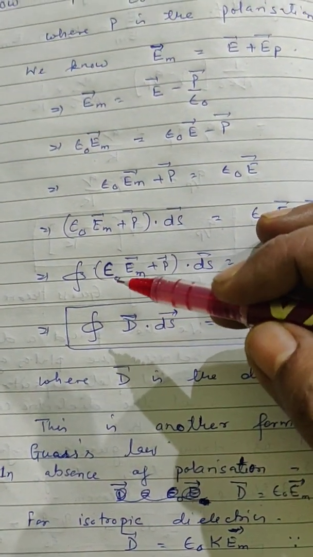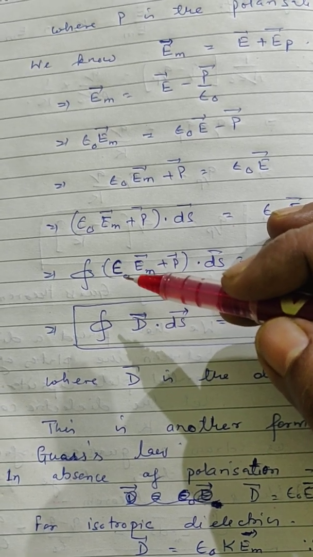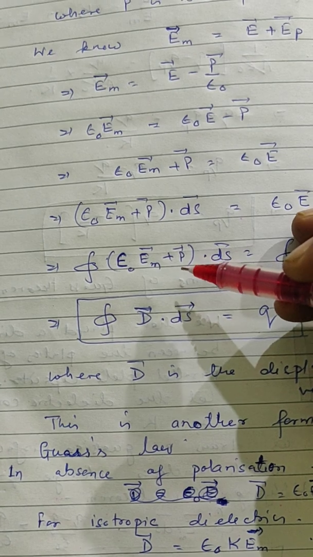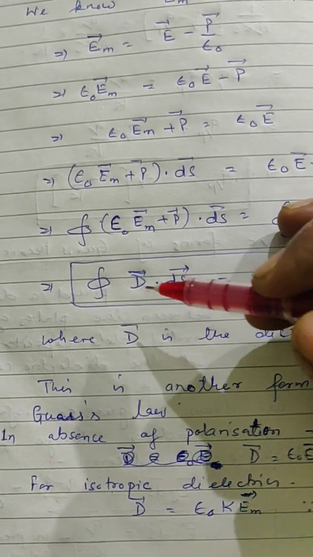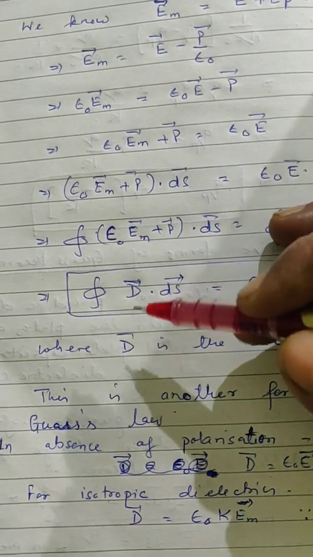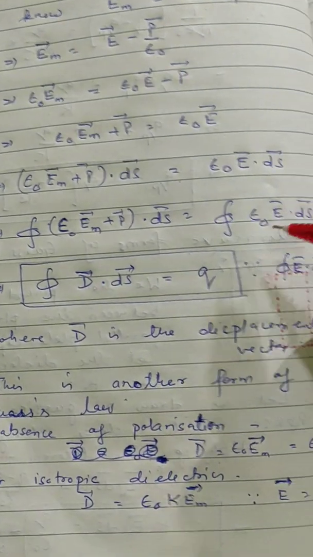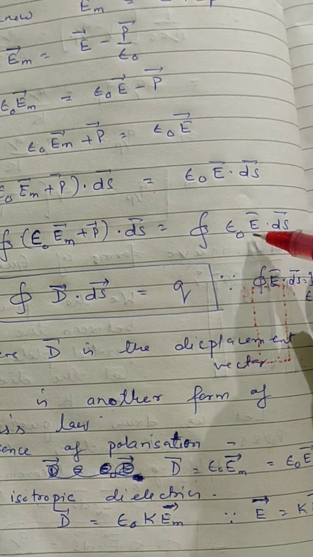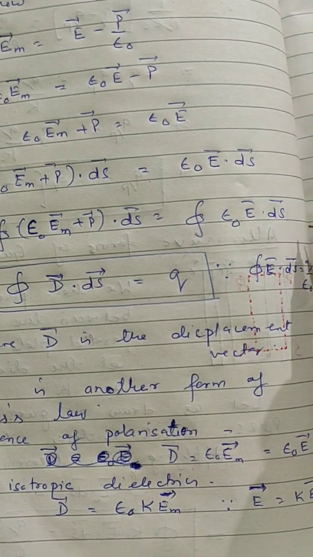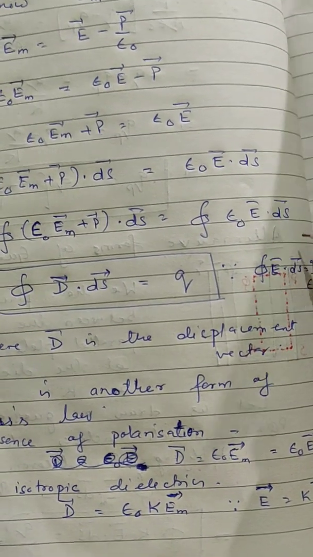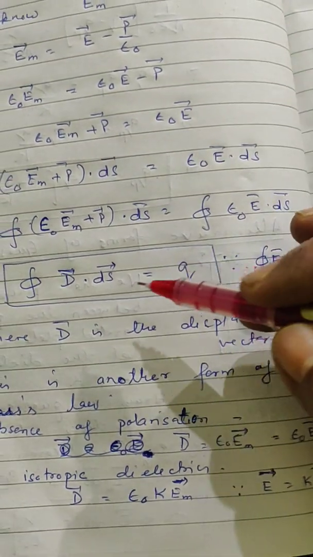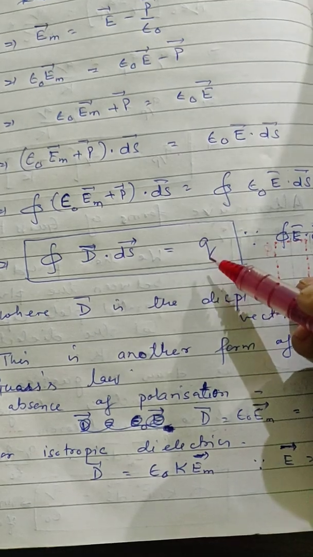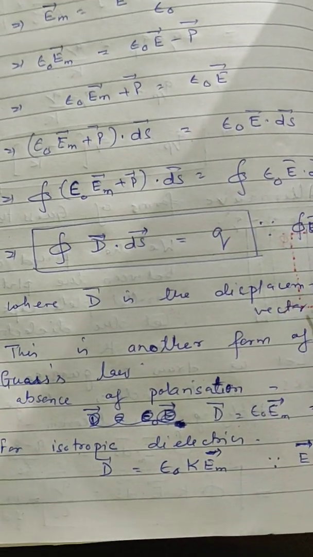And in one of the last lectures we had seen that epsilon naught EM plus P, the vector addition of these two, is nothing but the electric displacement vector D. So I have replaced it by D, and D dot ds is equal to epsilon naught E dot ds, and we know that E dot ds is equal to Q by epsilon naught. This was Gauss theorem. So we arrive at the expression D dot ds is equal to Q. D is the displacement vector.